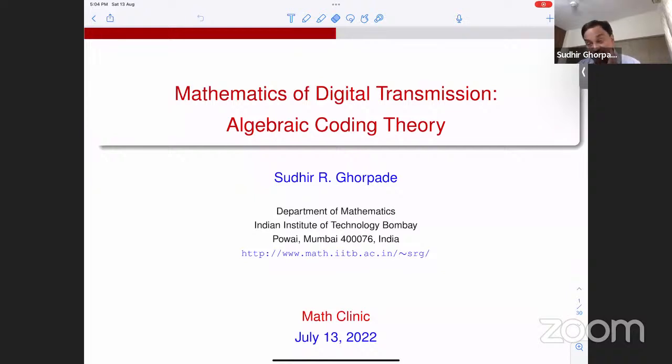Let me say a little bit about the first part of the title, which is Mathematics of Digital Transmission. We often say that we live in this digital world, sometimes without realizing that what is behind that is mathematics.